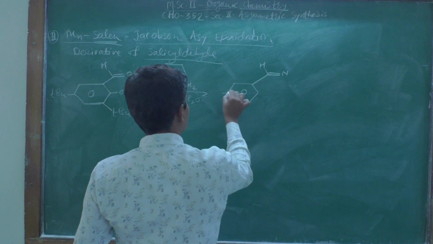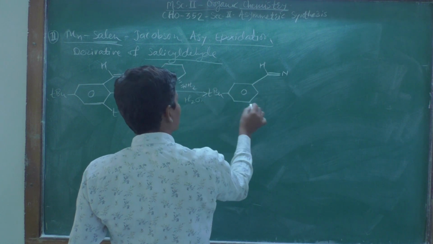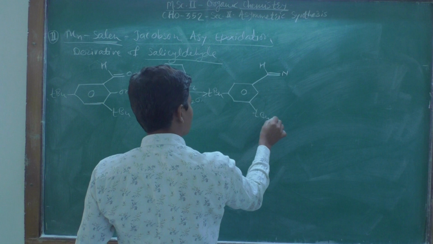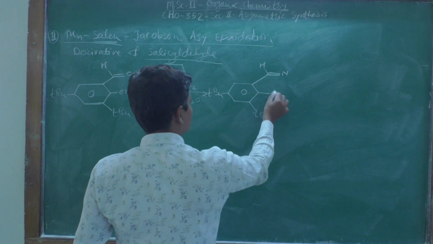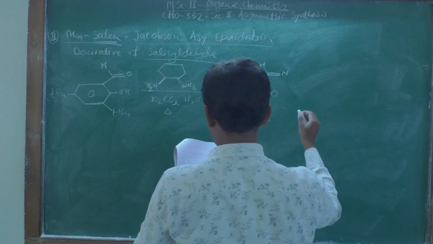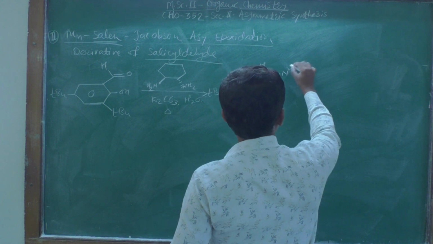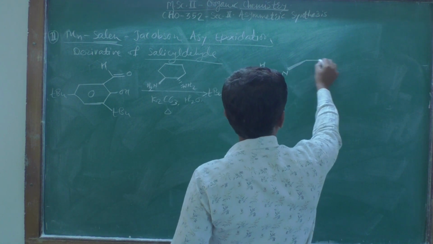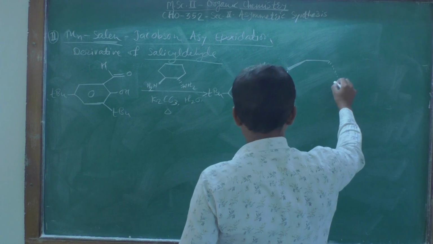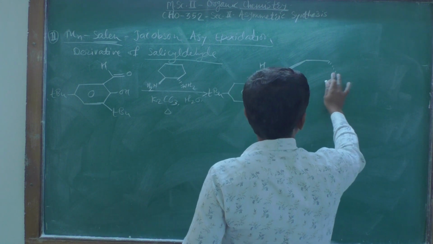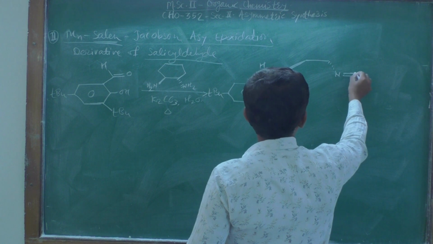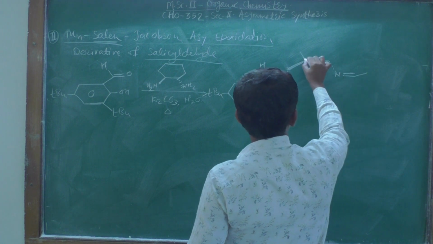This is hydrogen, this is a tertiary butyl group, again a tertiary butyl group is there, this is hydroxy, OH, nitrogen, carbon-nitrogen double bond, and all else remains as it is.